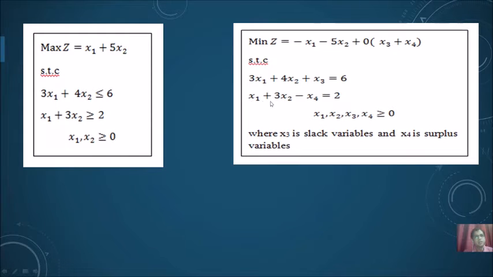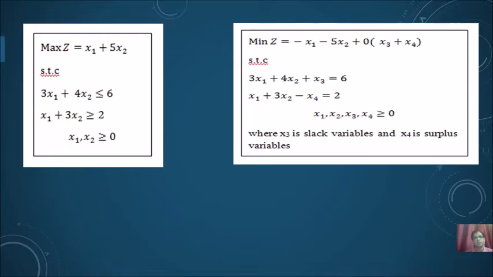So the resultant constraint will be x1 plus 3x2 minus x4 equal to 2, where all the variables are greater than or equal to 0, but x3 is a slack variable whereas x4 is a surplus variable. Of course, the contribution of x3 as well as x4 in the objective should be 0, and therefore 0 into (x3 plus x4). So this is now our resultant standard form of the LPP.